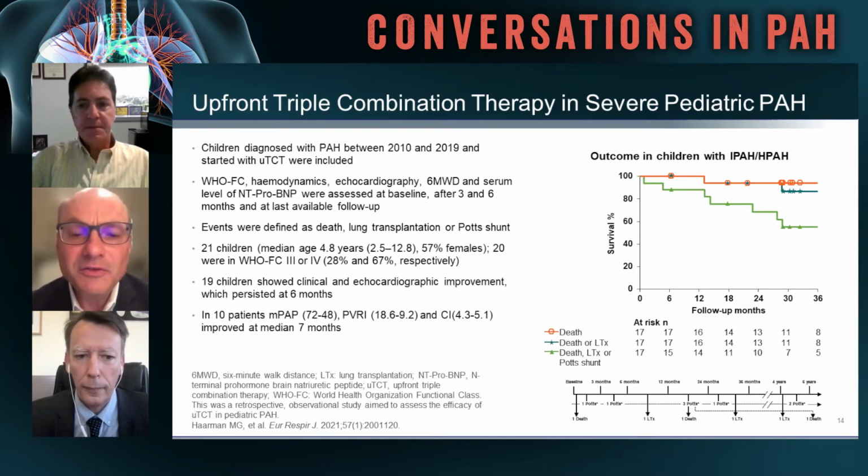But if you look at the very bottom, you can see there were quite a few events. There were quite a few lung transplants or Potts shunts. So I think this is encouraging, but I'm curious to see Professor Humbert's thoughts, because I think the French experience was a little more positive than this. The survival was good, but a lot of transplant or Potts shunts.